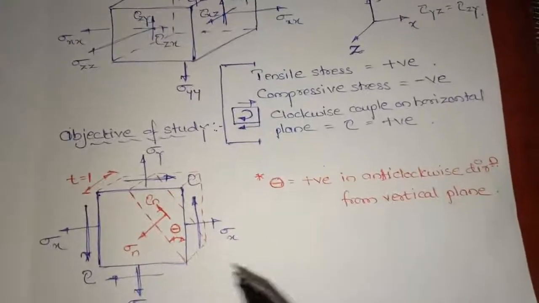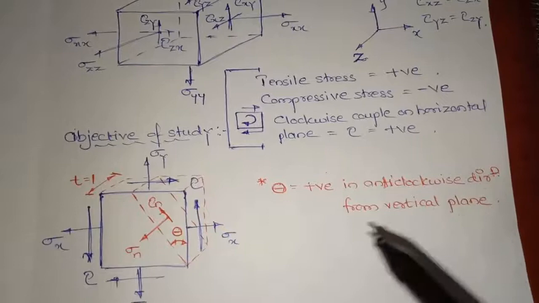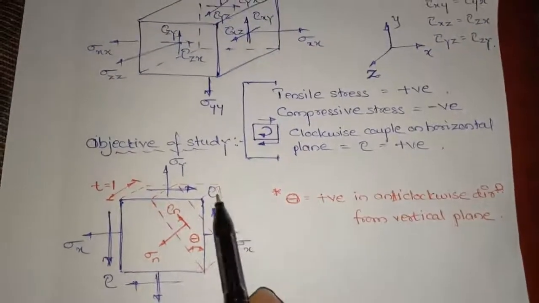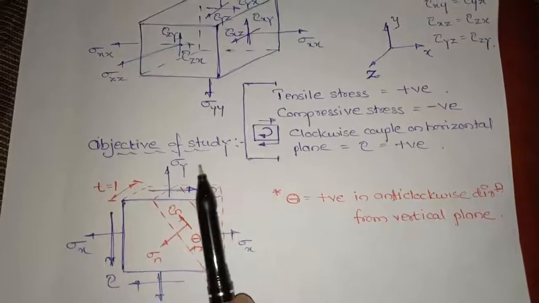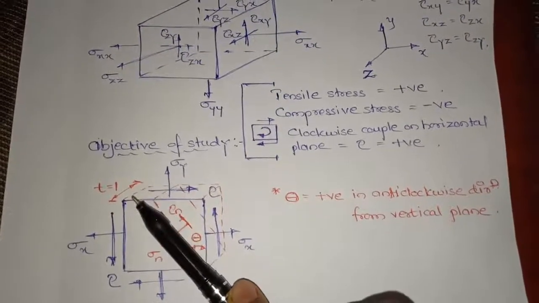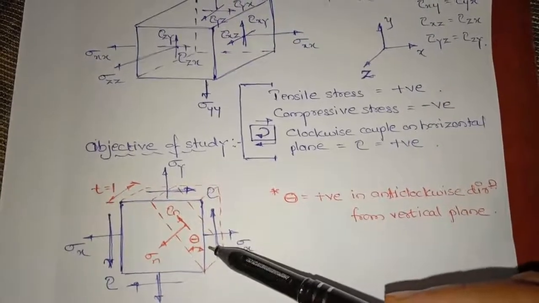This theta is positive in anti-clockwise direction from the vertical. So for all the derivations, we are taking the plane rotated from vertical, and anti-clockwise theta is positive.